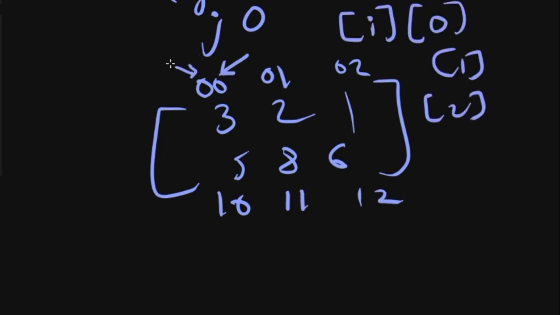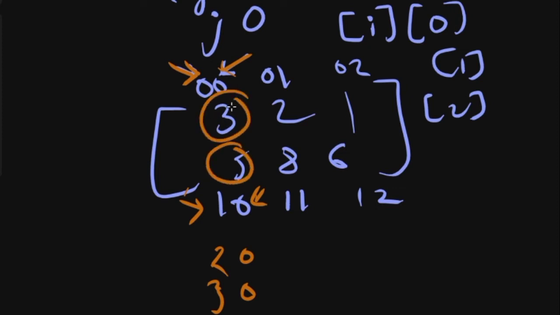Here as we can see the row number changes. Here it is 0, here it is 1. If there were more rows, 2, 3, 4 etc. So the row number changes but the column numbers remain the same. It is 0, here also 0, here also 0. So column numbers remain the same. So what we have to do is change the row number and keep the column the same, and then calculate the maximum from these elements.